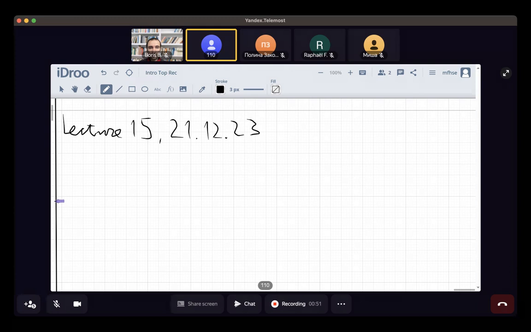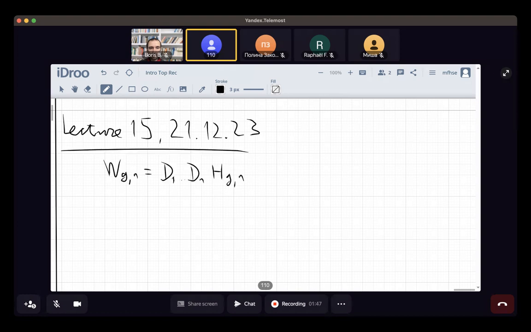For brevity, I will use the notation W, so I will denote by W_{g,n} this D1 and so on, Dn, H_{g,n}. Do I have to recall what this capital H is, how it is obtained from our partition function Z? You remember, right?